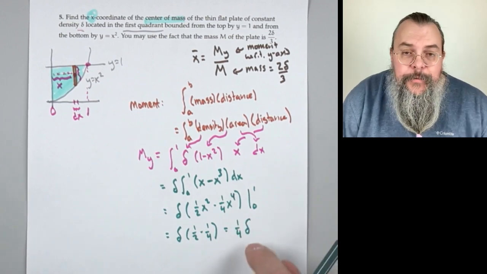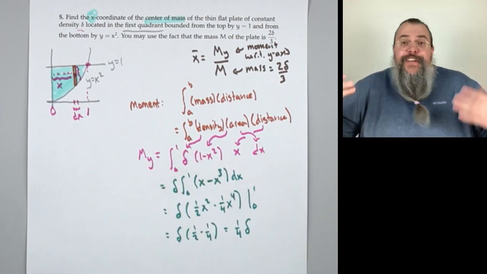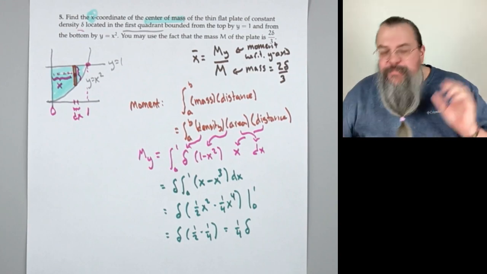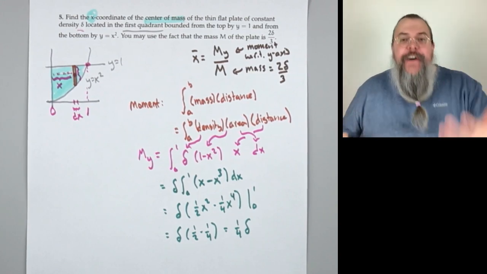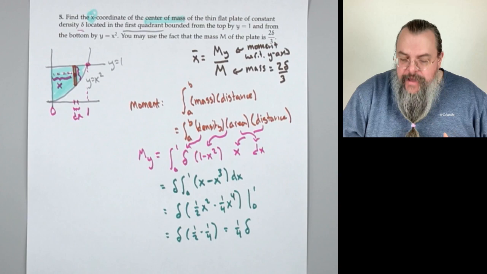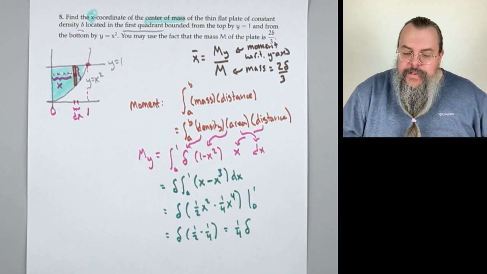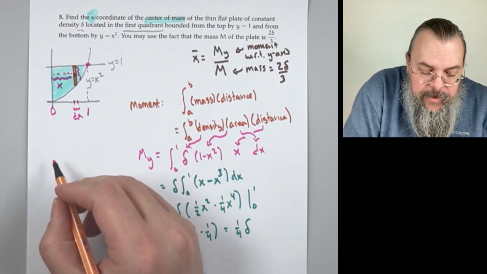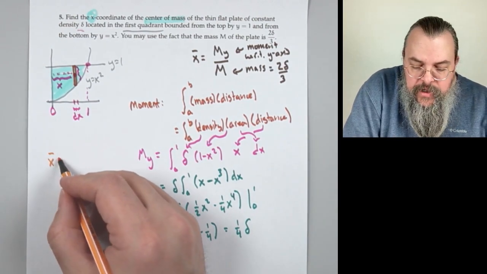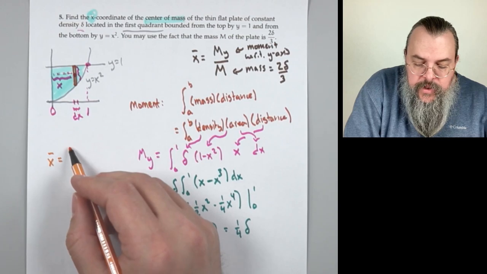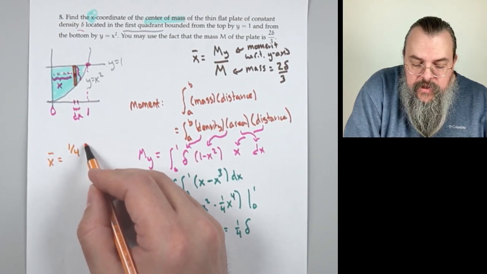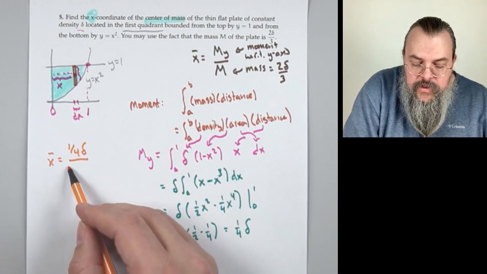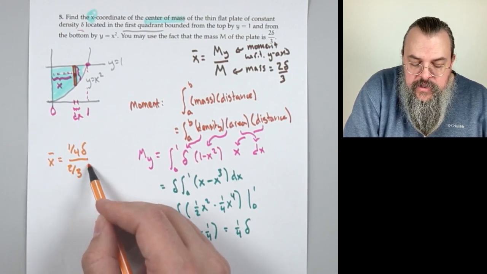Now that's not our answer, right? Be careful. Oftentimes when we do something big, we're like, woohoo, we got the answer! But no, this is our step to find the answer, because now we have the numerator. Okay, so our real answer, x bar, would be the 1/4 delta, which is the m sub y, over the 2/3 delta.